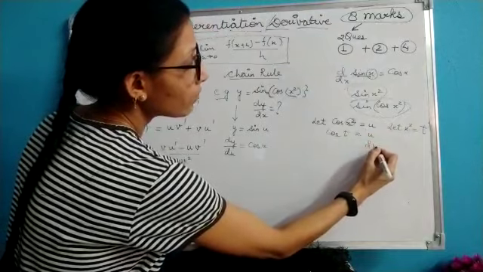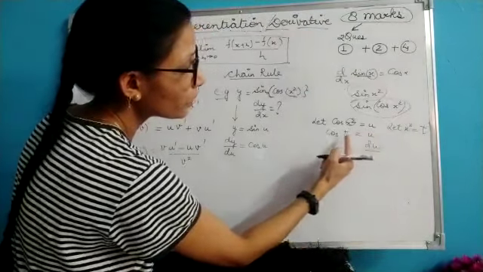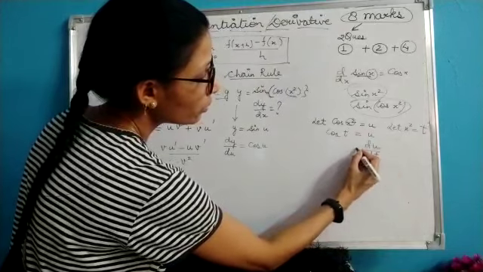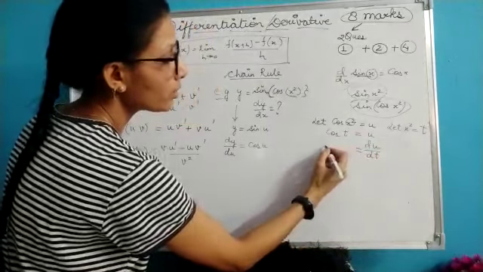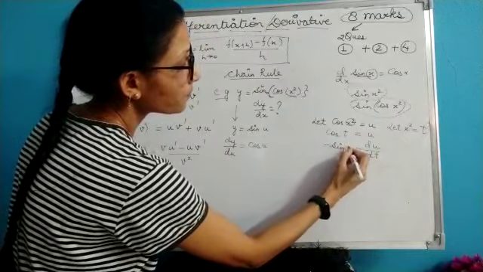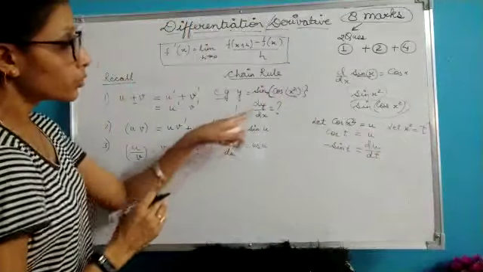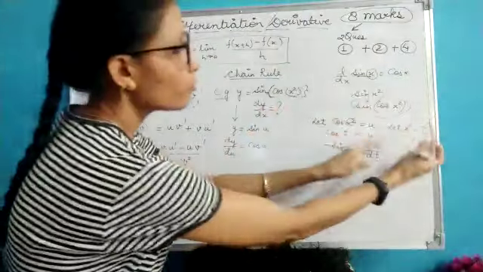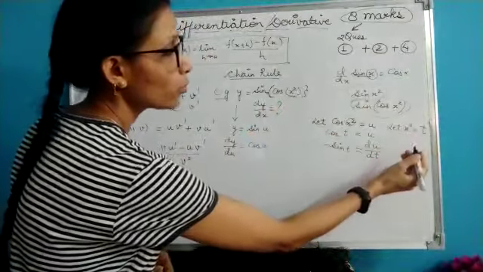That means I will differentiate this u with respect to t now. Differentiating cos t with respect to t gives me minus sine t. But I need to calculate dy by dx. This is also not dy by dx. So let's move on and see what I can do over here.